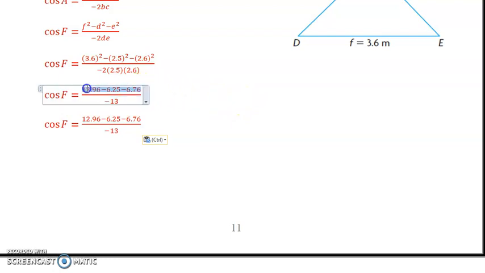So first thing we have to do is add these three numbers in the numerator together. So we get 12.96, subtract 6.25, subtract 6.76, and we get negative 0.05 over negative 13.